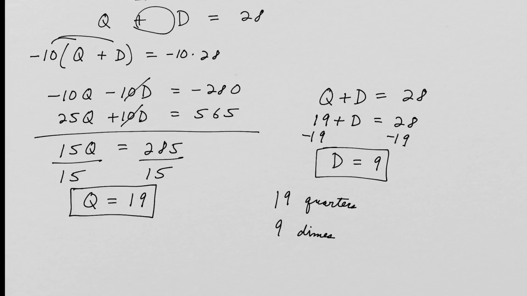If I add 19 plus 9, I get 28. That's good because she has 28 coins total. And then if you were to multiply 19 times 0.25 and then 9 times 0.1 and you add them together, you better get $5.65, right? Okay, so that works out.